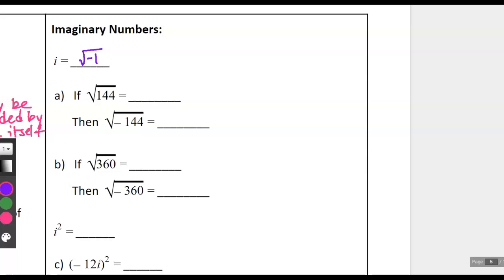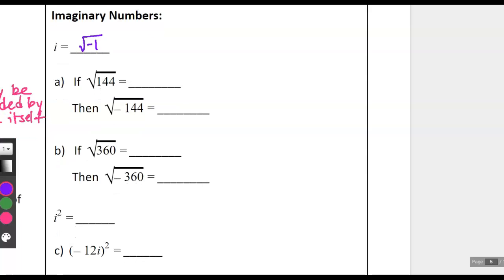Because, tell me, what is the square root of negative 1? Remember, when we're square rooting something, we're asking ourselves, what number times itself will equal negative 1? Will negative 1 times negative 1 equal negative 1? No. Will 1 times 1 equal negative 1? No. It doesn't exist. It's imaginary. So i is equal to the square root of negative 1.